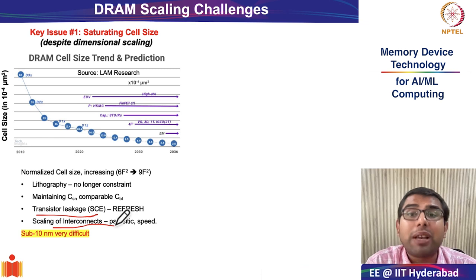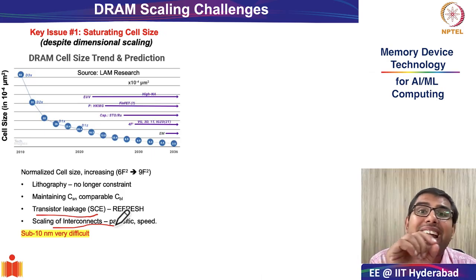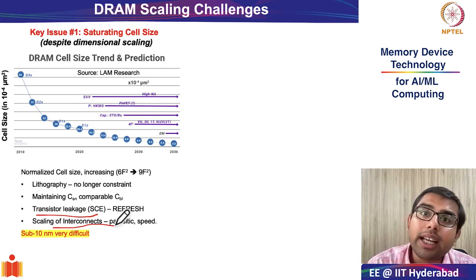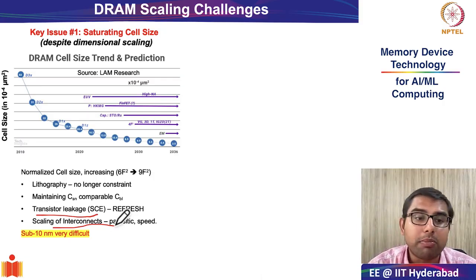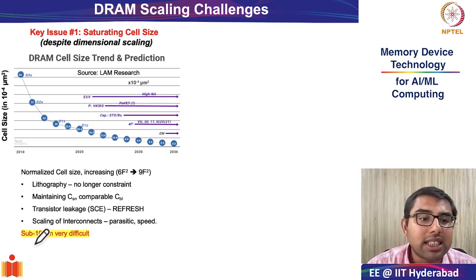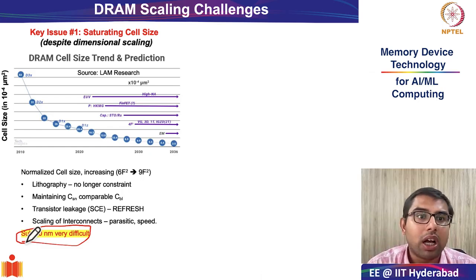Therefore, you have to have two separate chips, and the communication between these two separate chips is fraught with large interconnect delay and a lot of parasitics, which also will compromise on speed and increase power consumption. So because of these reasons, going to sub 10 nanometers of DRAM will become a very big challenge. These are the roadblocks in the form of physical scaling of the DRAM cell, and therefore increasing the bit density further of the DRAM subsystem.